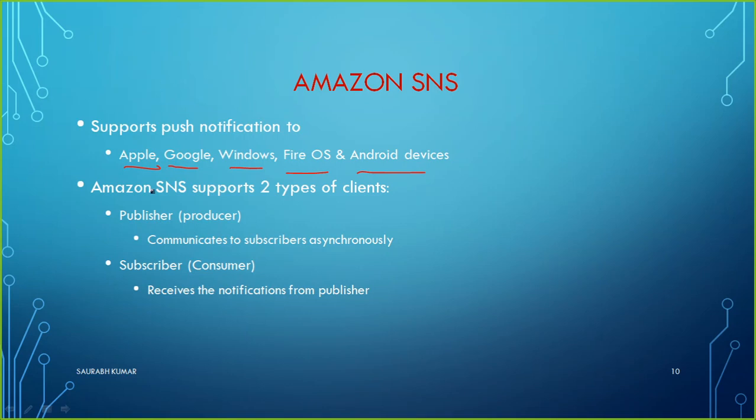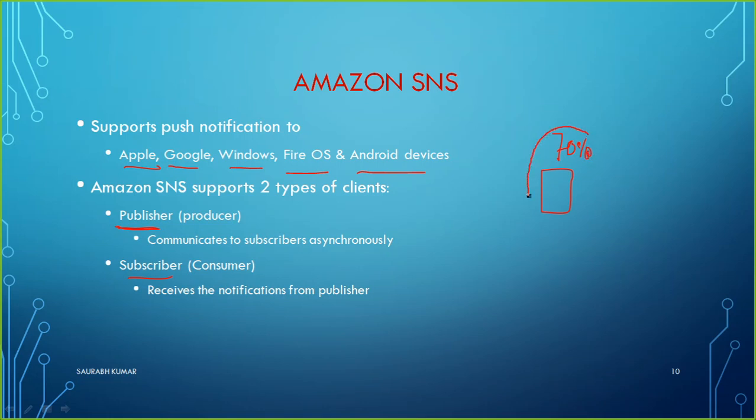Next point is, Amazon SNS supports two types of client. One is publisher, one is subscriber. This is what I was talking about before. Anything which is generating the notification, we consider as a publisher. For example, maybe you have set an alarm that if any EC2 instance's CPU utilization crosses 70%, it should immediately generate an alarm and SNS should work.